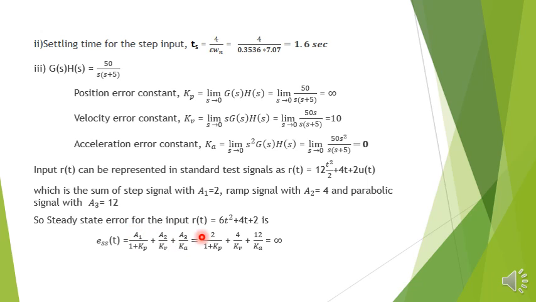So A1 is equal to 2 by 1 plus Kp, 4 by Kv, plus 12 by Ka. Since Ka is 0, 12 by 0 leads to infinity, and if you add anything to infinity, it results in infinity only. So the steady state error for this system is infinity.